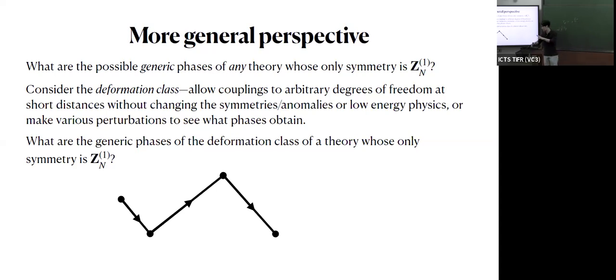This is an idea inspired by the way that condensed matter physicists do quantum field theory. This is how to phrase it in a continuum language. So this is known as the deformation class. And so we're going to ask, what are the generic phases of the deformation class of a theory whose only symmetry is this center symmetry, ZN one-form?